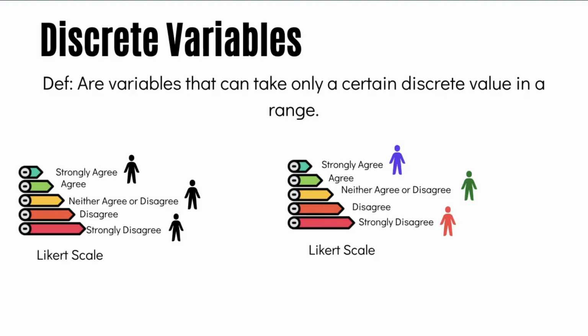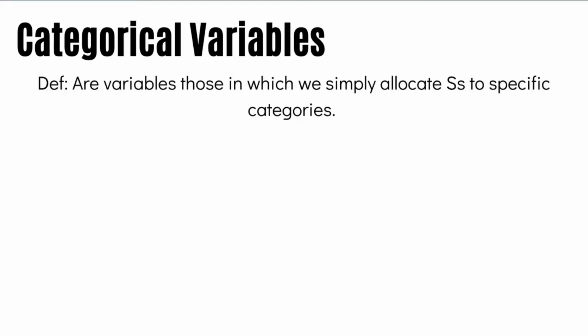Let's now move on to the next type, which is categorical variables. Categorical variables are those variables in which we simply allocate participants to specific categories, and therefore the name categorical variables. When dealing with categorical data, we have a finite number of categories that we might wish to investigate.